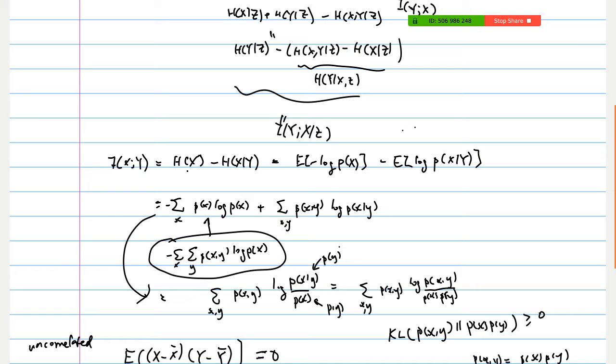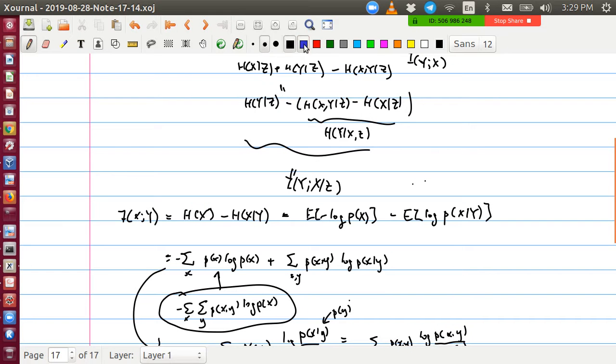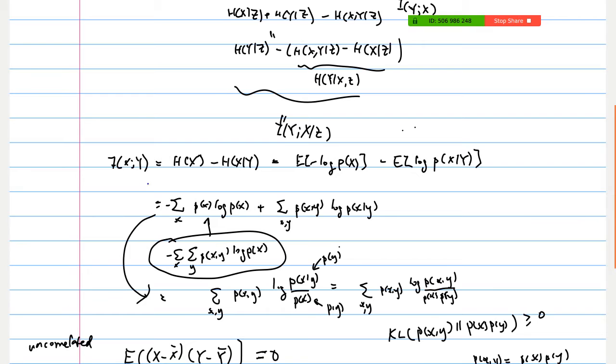So if x and y are continuous, then we'll talk about small h(x) minus small h(x given y). That would be the mutual information between each other. Then I can still do this. Everything is basically the same way, just the sum will be replaced by an integral. This will become an integral here, so I have an integral over dx and dy here.